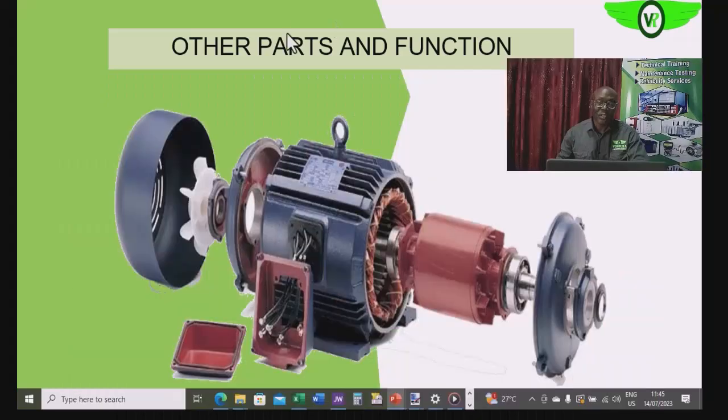Okay, this is the rotor that we have discussed earlier. Then this is the stator windings that we discussed earlier. Of course, anything that will affect the reliability of these will affect the reliability of the system. But aside from these two, if you look, you will see the frame.